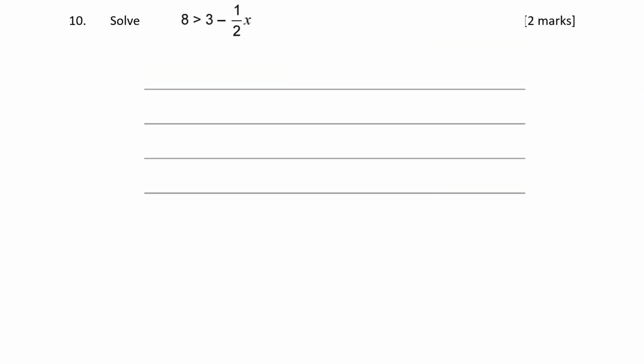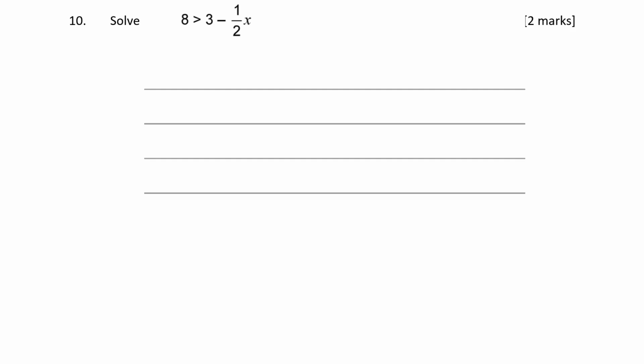Question 10. Solve 8 is greater than 3 minus a half of x. Now, linear inequalities you can solve the same way as you would an equation. So here I've got 3 minus a half x.